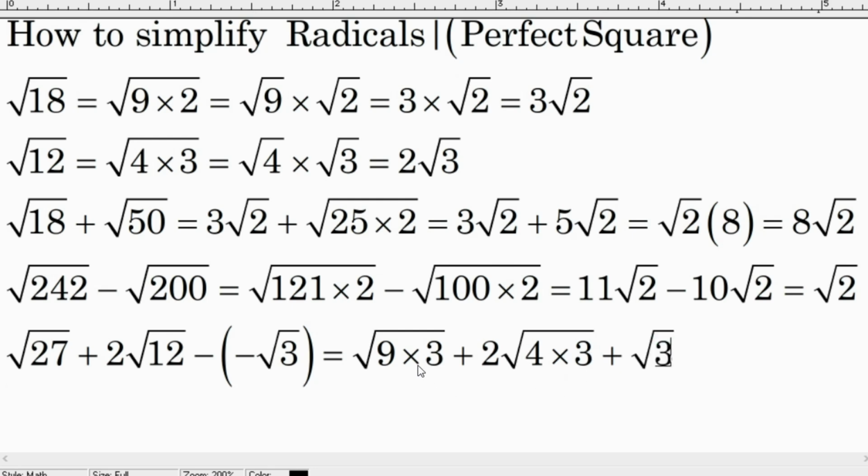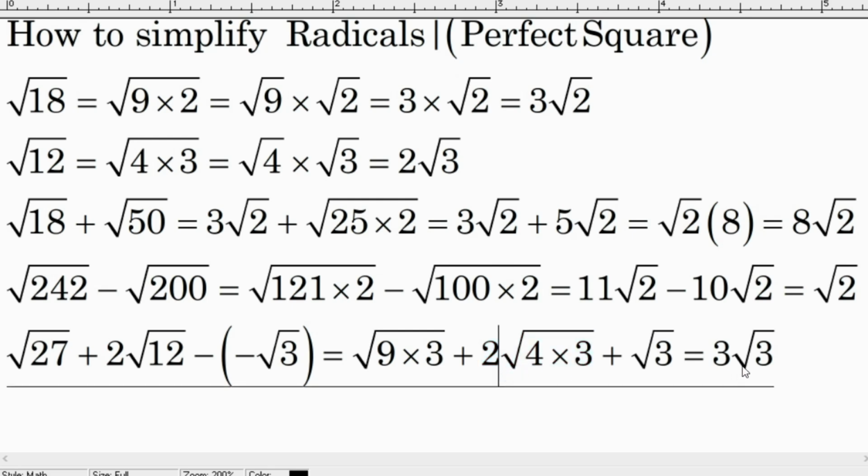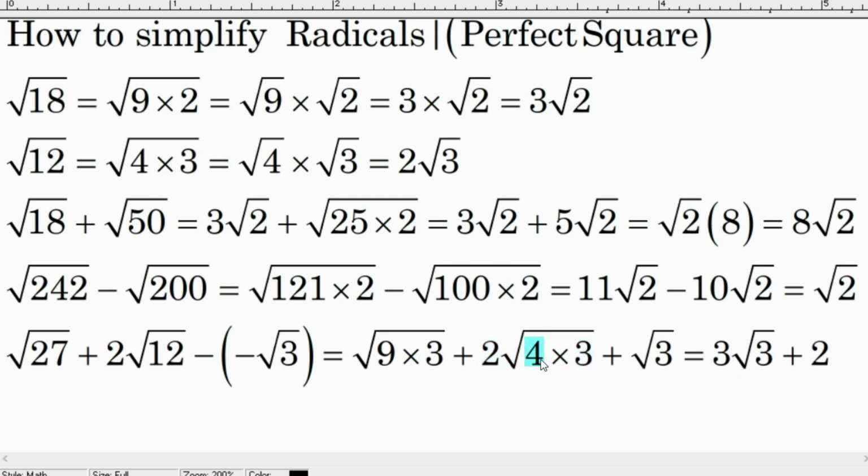Okay, so then equal to, okay, now when we simplify this one, as we can see, we have square root of 9. 9 is a perfect square, equal to 3. That will be 3 square root of 3 for this number. And for this one, we got 2 and 4, which is equal to 2.